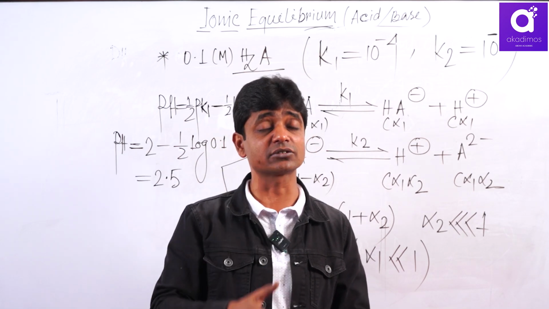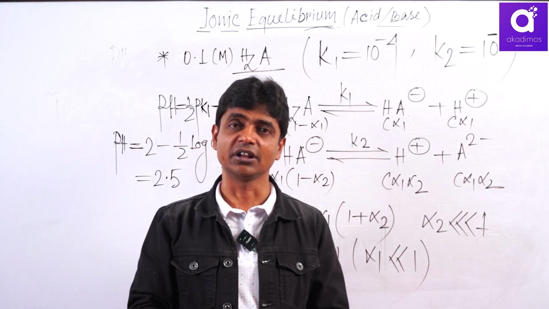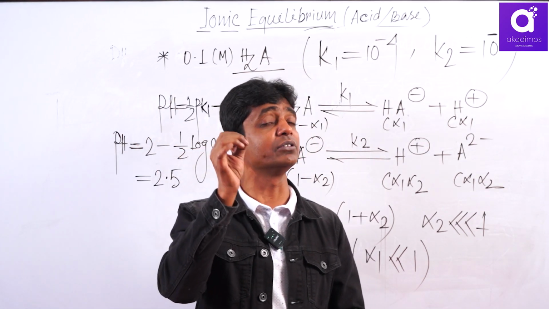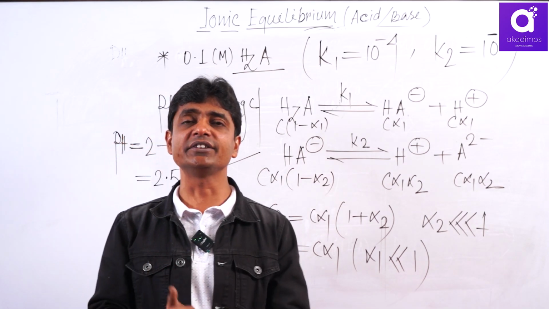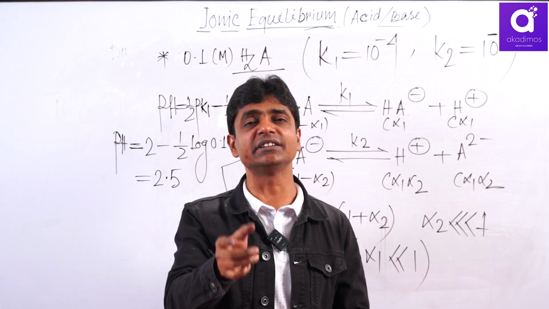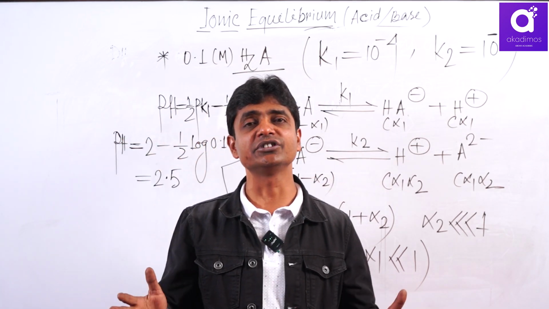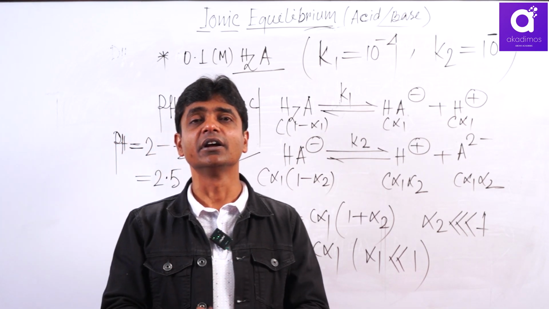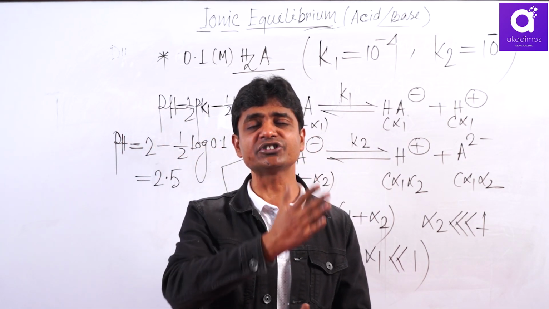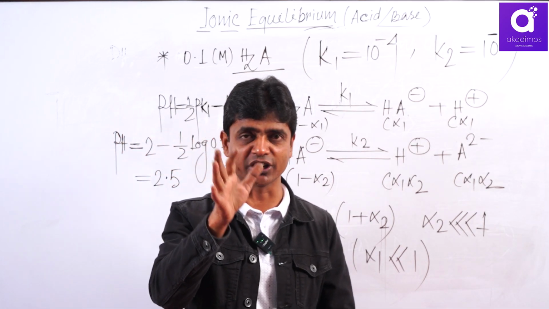But one additional thought I have given here: any salt you can consider as either a weak base or a weak acid. Like ammonium chloride, consider it a weak acid, ammonium. There, just apply the formula of a weak acid, pH is equal to half pKa minus half log C. Like sodium acetate is a salt, just consider acetate as a weak base.